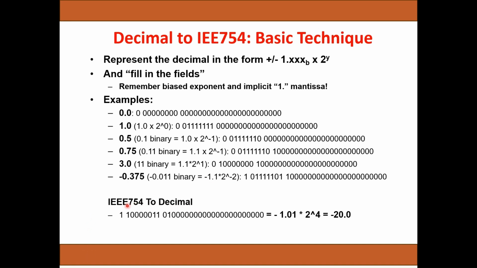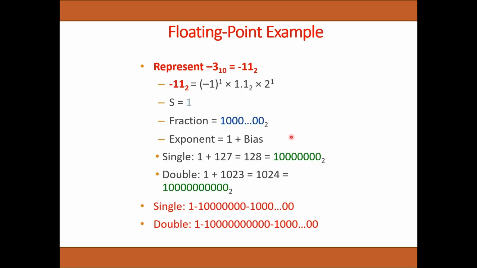If you have to convert the other way, this is a number given in IEEE 754 single precision. What number it actually represents, the solution is also given. I want all of you to practice this, and I am going to show you in more detail how to solve one of the problems from each group.